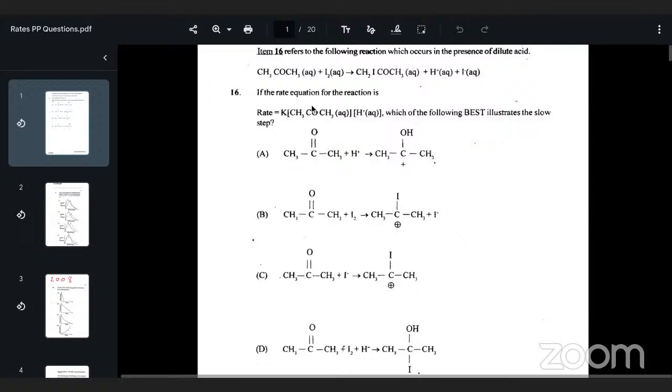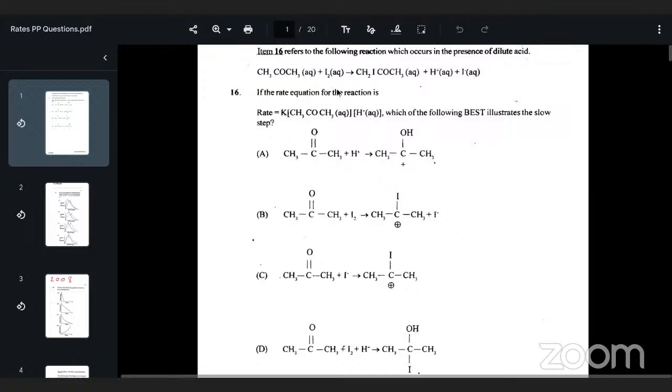All right. So this one is from '07. Item 16 refers to the following reaction which occurs in the presence of dilute acid. So we have the ester here reacting with iodine.